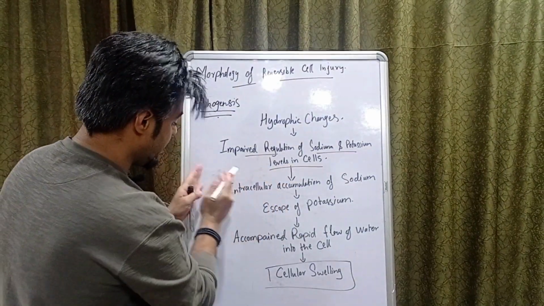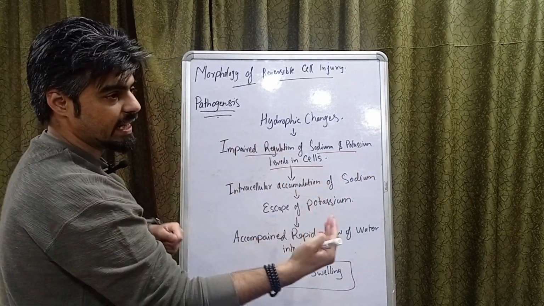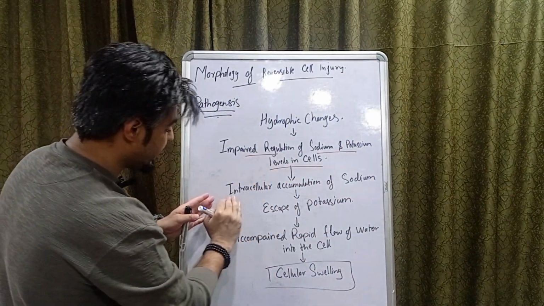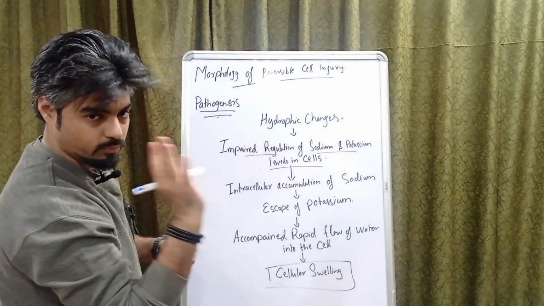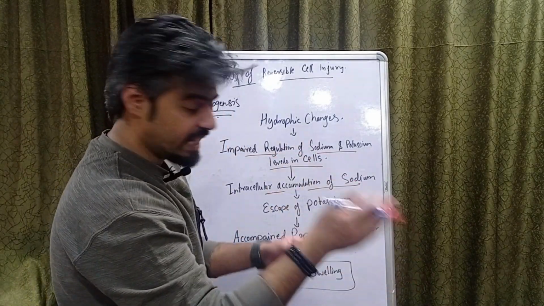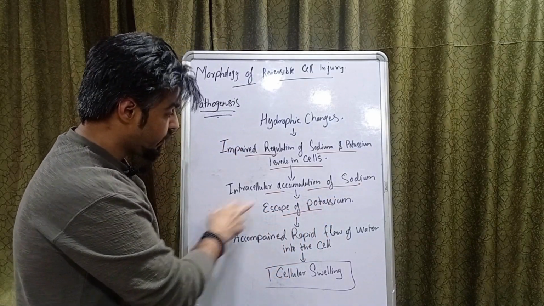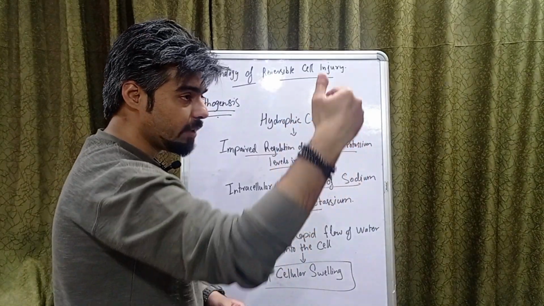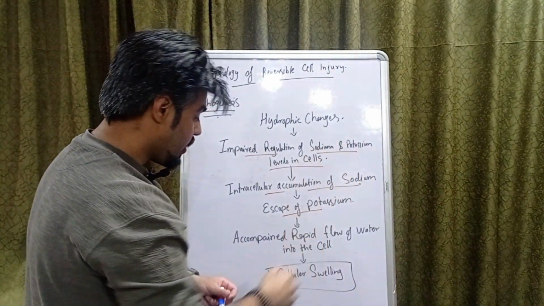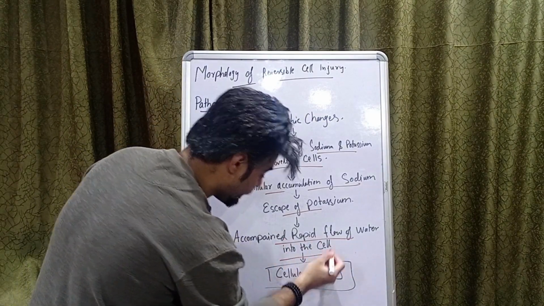Basically, the process starts here, once there is impaired regulation of sodium and potassium levels in the cell. There is intracellular accumulation of sodium, and at the same time escape of potassium occurs. Simultaneously, more sodium comes in and gets accumulated, and more potassium escapes. This is accompanied by rapid flow of water into the cell.